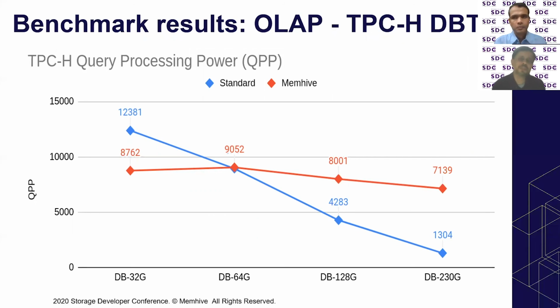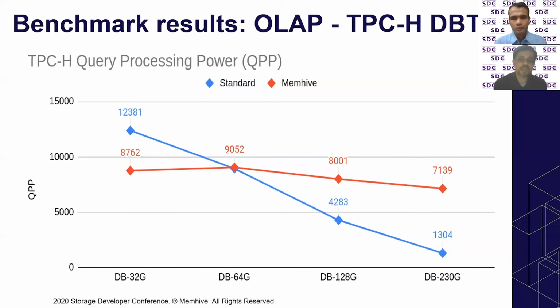The query processing power is a metric which tells how fast a system can respond to a single stream of queries. In this case, the stream is going to be only one, so only one client is issuing queries in a sequential manner, one after the other. This is called QPP, which determines how good the processing engine is.